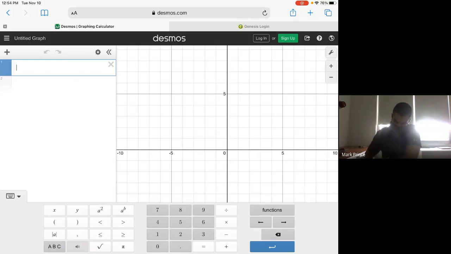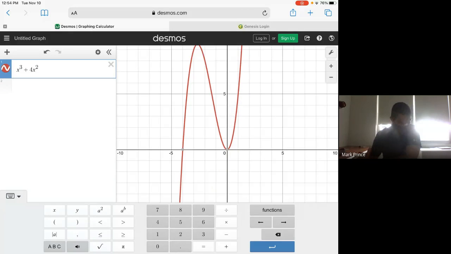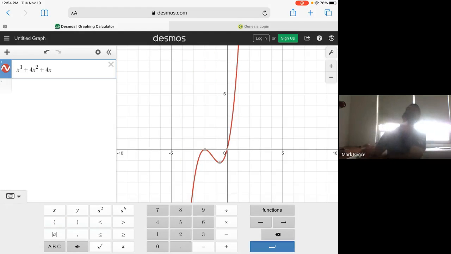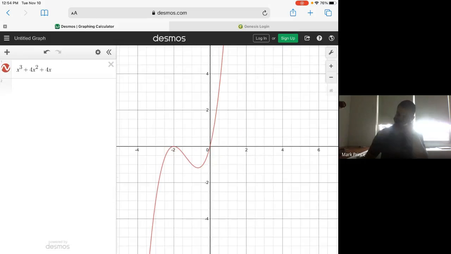So it's x cubed plus 4x squared plus 4x. All right, so this is what your graph looks like.